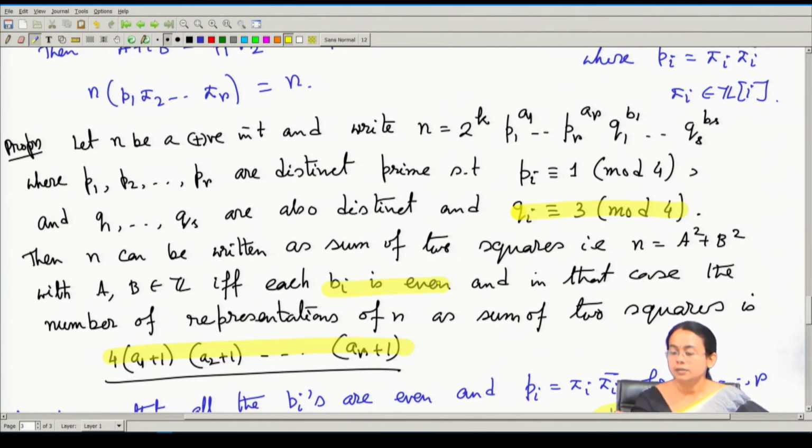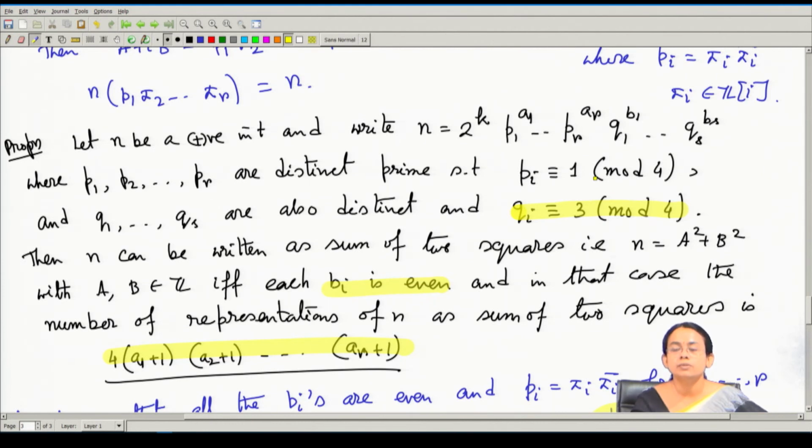And the other primes which are present should be 2 to the power k and primes congruent to 1 mod 4. So this actually characterizes all the positive integers which can be written as a sum of two squares.